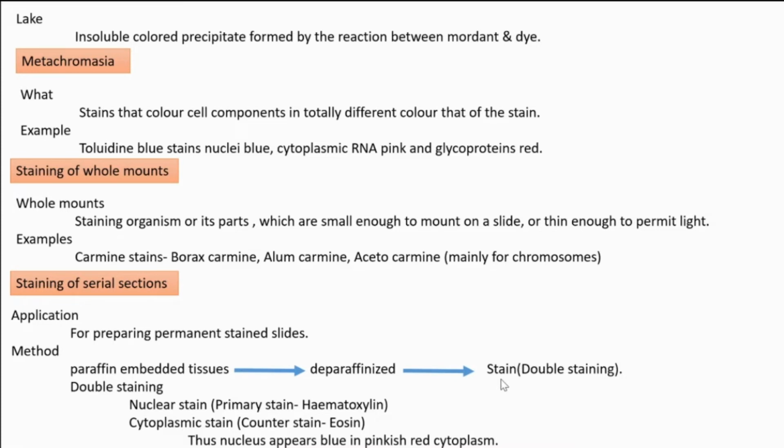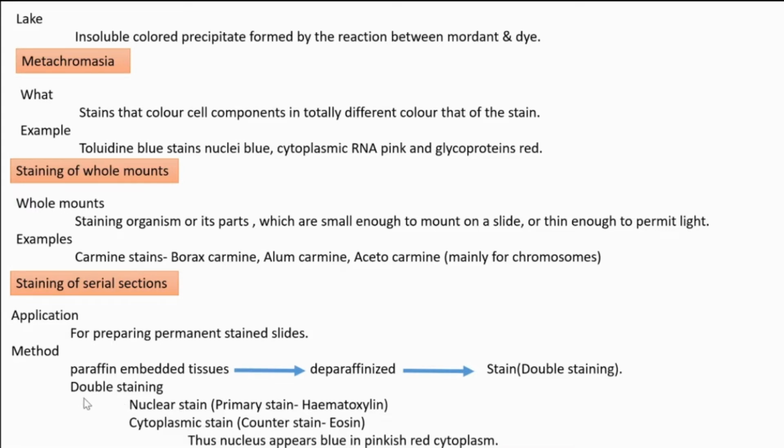That staining is not a normal type, it is double staining. Then we need to understand what double staining is. In double staining there are two parts, a nuclear stain and a cytoplasmic stain. The nuclear stain is the primary stain, the main stain, usually hematoxylin. The counterpart is the cytoplasmic stain, called the counterstain, and mostly it is eosin.